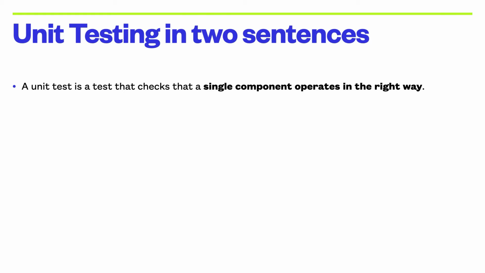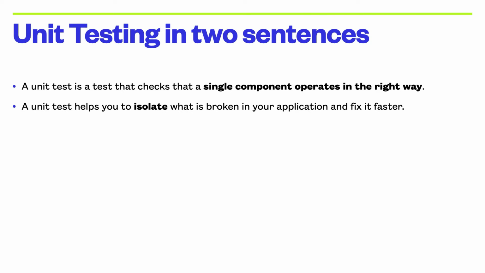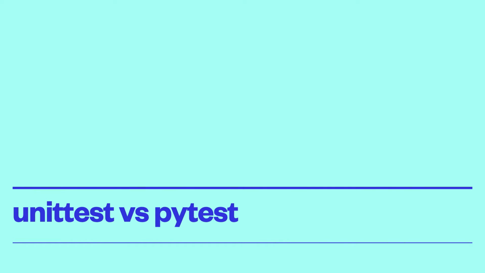But one of the types of testing is called unit testing, which tests single components or single units. A unit test helps you to isolate what is broken in your application and fix it faster. So let's say there is something broken in one single component. You can fix only that, and then you can move on. So it helps to write unit tests that way. So that's it. Moving on.